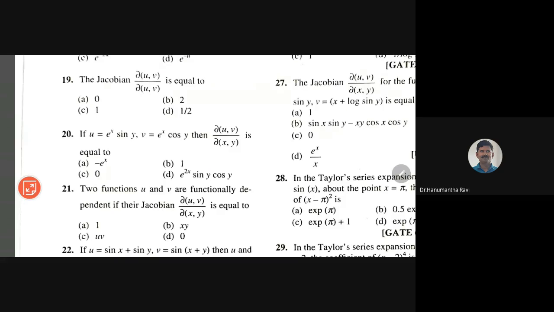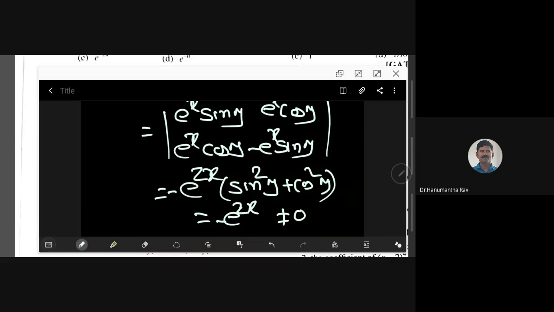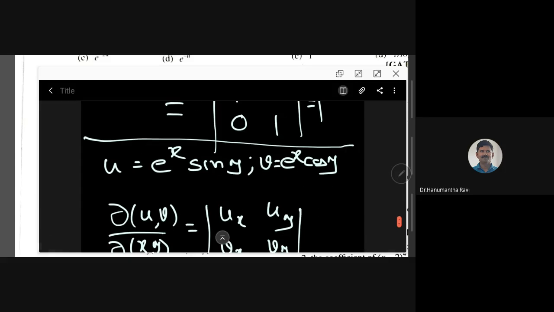So e power minus 2x into sin y cos y, he is saying. Sin square y will come, minus cos square y. So if I take e power minus 2x should come. Again, please check once.